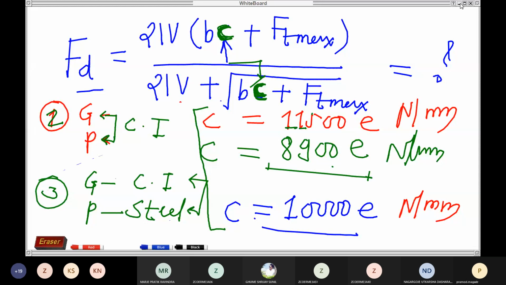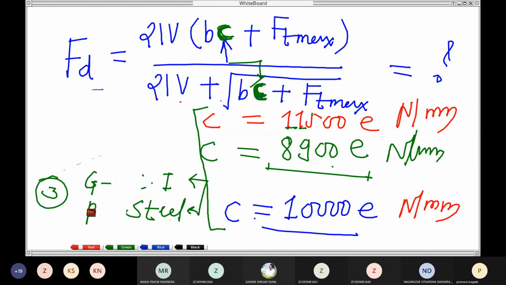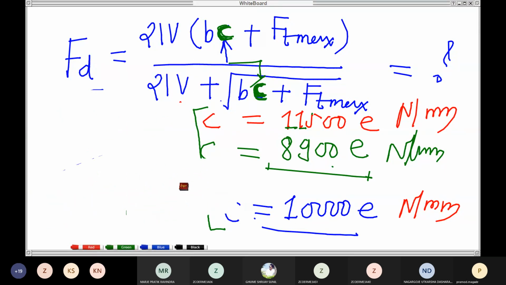So this is about the dynamic load, through which we are going to calculate the effective load. If they ask to calculate effective load by using velocity factor, then I will have to use the equation of effective load for the velocity factor.